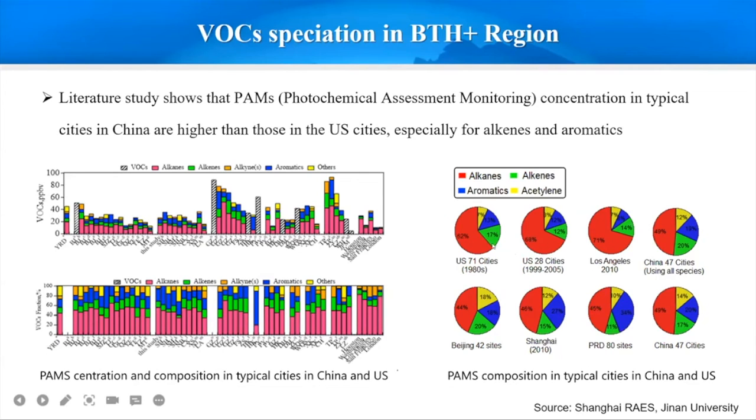We can see that for the US cities in the 1980s, 1990s to 2005, and also in the last decade in Los Angeles, they have lower alkenes, the blue color and the green, and lower aromatics, the blue parts. So they have not only lower PAMs concentration, but also a lower fraction of alkenes and aromatics compared to the typical cities in China. So it's still a long way to go.